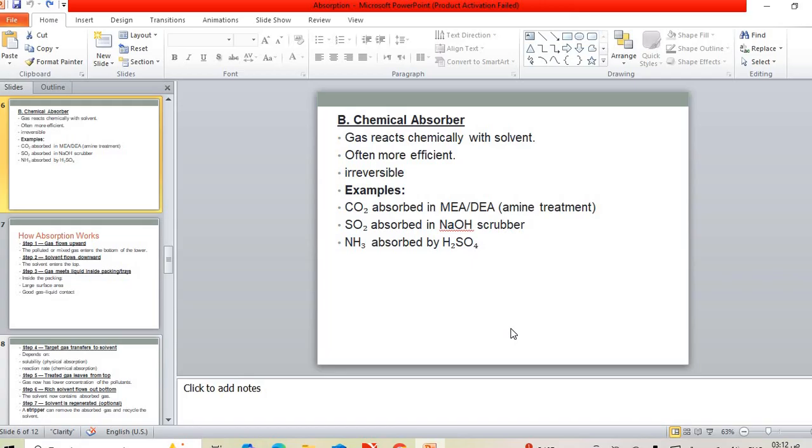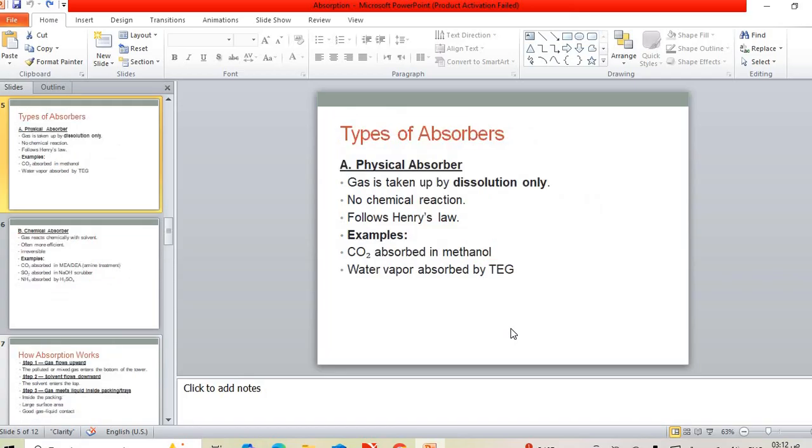So I forgot to mention something. In a physical absorber, it's considered a reversible process. Why? Because between the solvent and the gas there is no chemical reaction happening. So after the gas is dissolved in the solvent, it can go to another process like a stripper, for example.